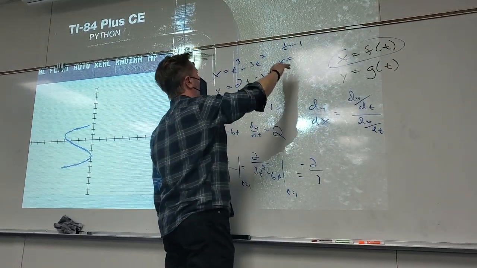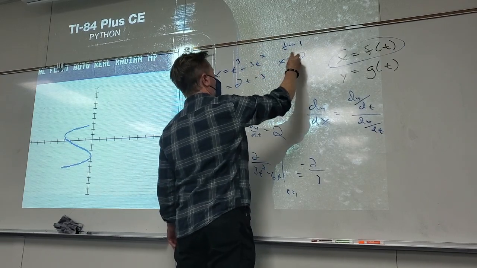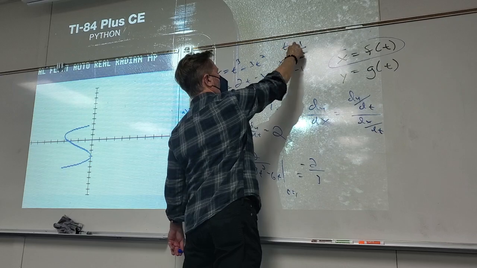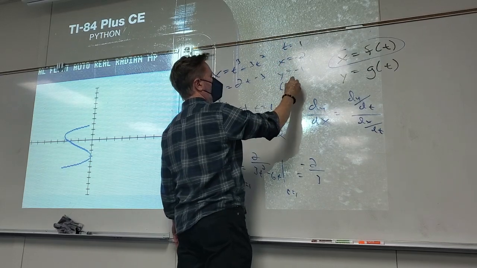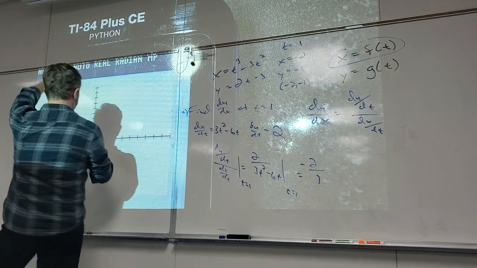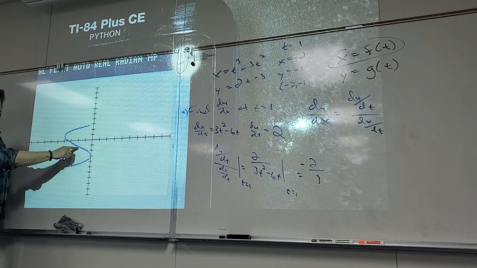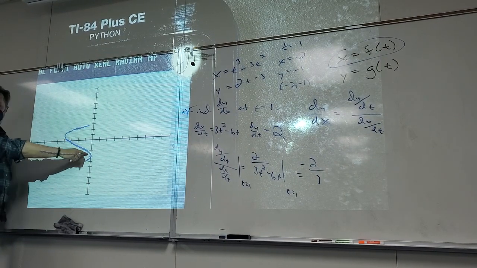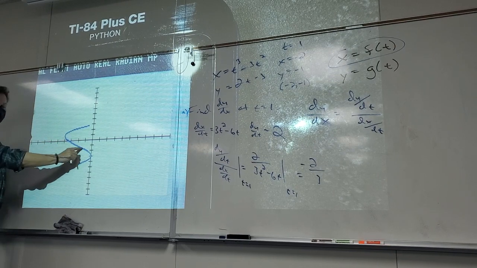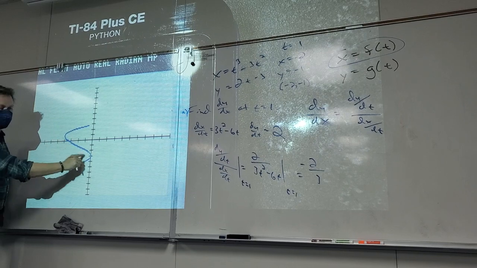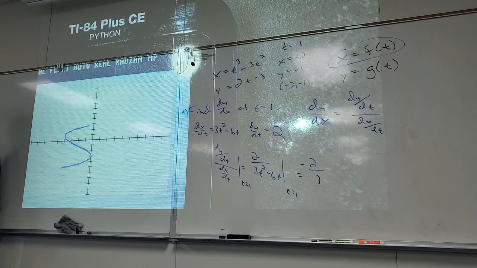Negative 2, right? And what's y? Negative 1. So I'm looking at negative 2, negative 1. Is the slope negative there? Yes, I love it. We can't tell it's negative 2/3, but it does look a little bit less steep than negative 1 would be. Okay, I love it.